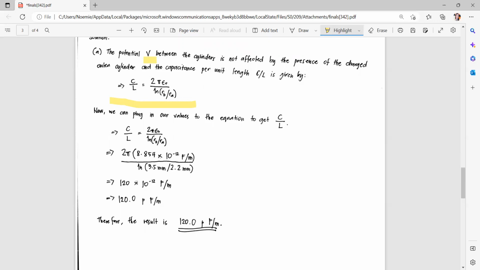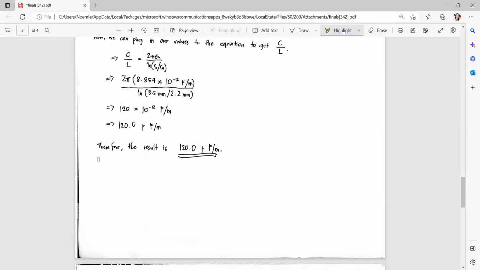So we will get 120 times 10 raised to negative 12, and this is the final result.